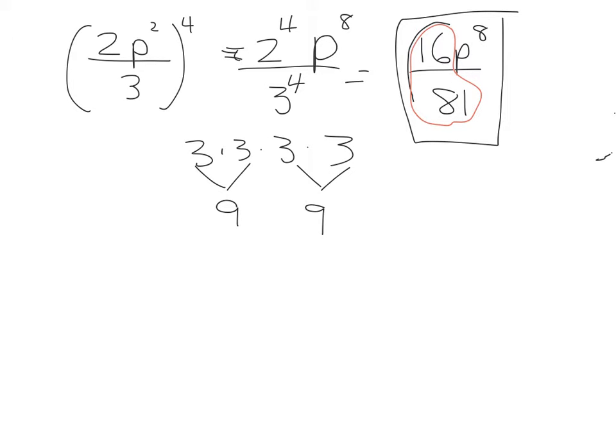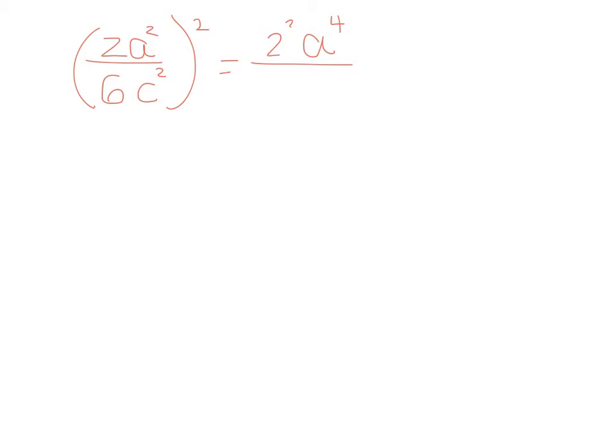So let me give you a problem where you have to simplify. So let's do 2a squared over 6c to the second power. And all of that is going to go to the second power. So that's going to give me 2 squared times a to the fourth power over 6 squared times c to the fourth power.